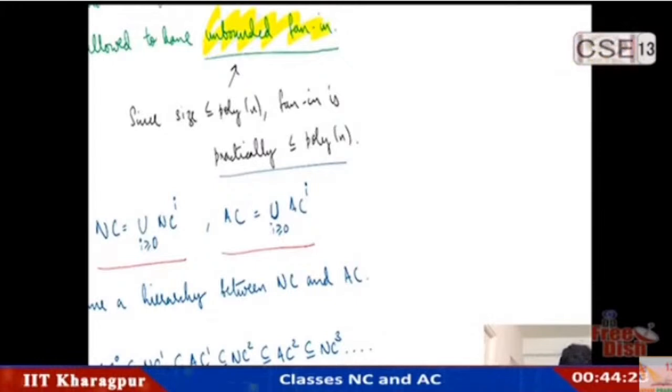Just to mention, Nick Pippenger used to work a lot on these kinds of circuit classes. So the name NC stands for Nick's Class. This was named by Steve Cook in honor of Nick Pippenger. And in turn, Nick Pippenger named another class SC, and he called it Steve's Class in honor of Steve Cook.